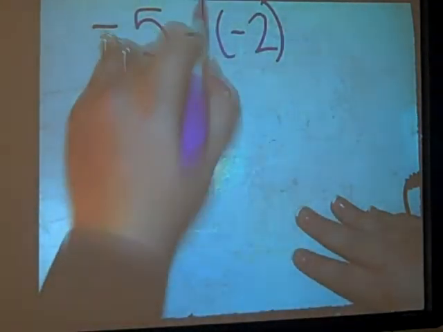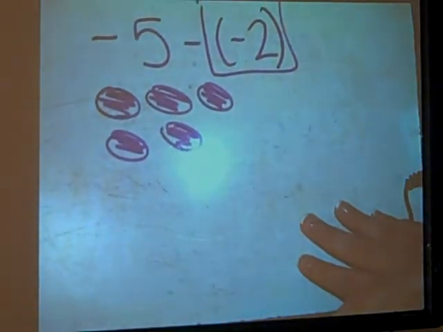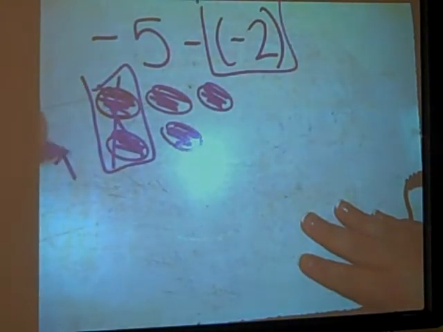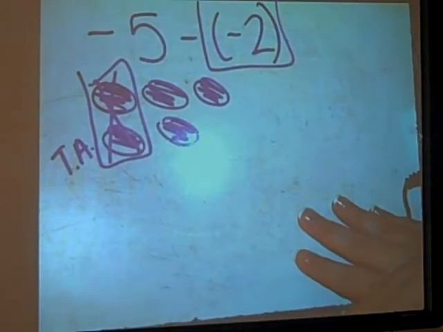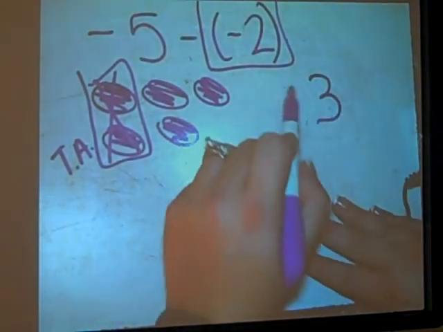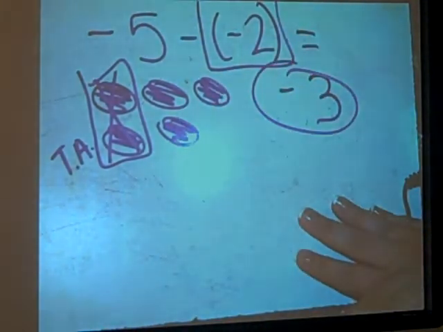I'm going to box in my second number because for subtraction, I don't model that second number. I simply look to see if I can take it away. So I need to see, can I take away negative 2? Well, these are negatives, and I do have 2. So I'm going to take them away. I'm going to abbreviate take away with TA. And I need to see what remains. Well, I have 1, 2, 3 circles that remain, and they are shaded in. So it equals negative 3.